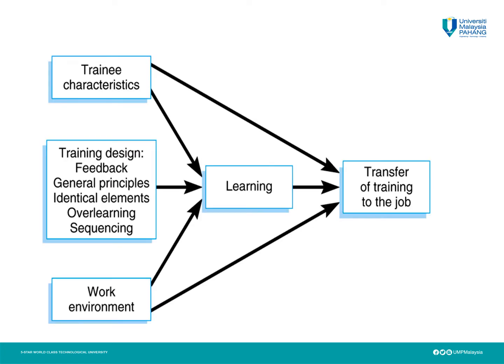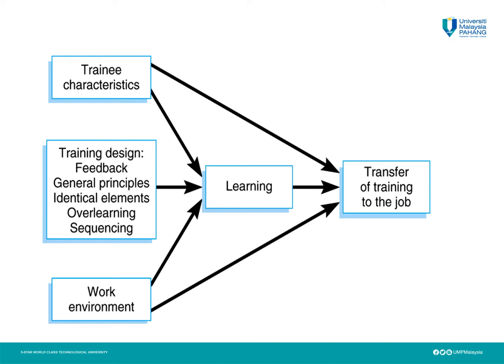Transfer of training to the job is one of the key issues in the success of training programs. So we must take care to see that learning achieved during the training session actually transfers to new behavior at the work site.